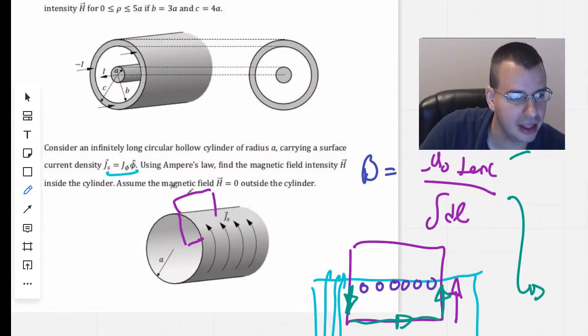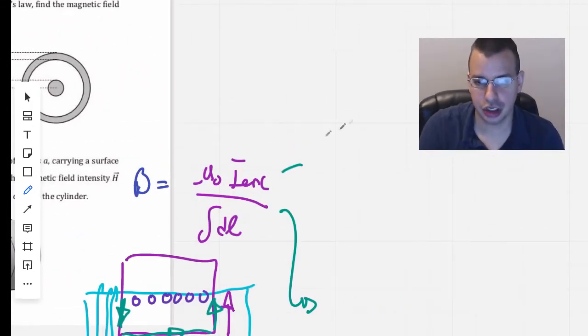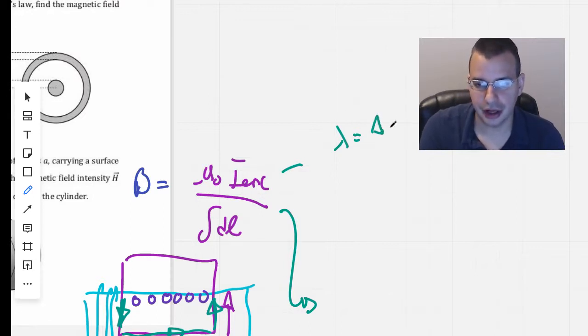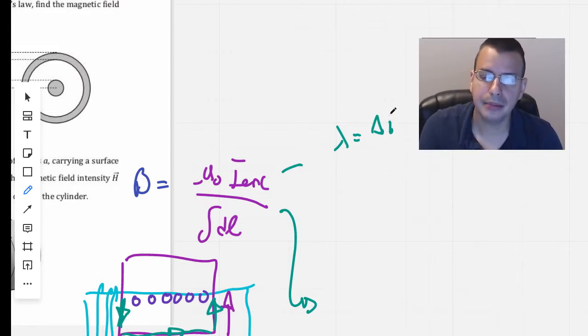We have a current charge density. And so I'm going to rewrite that as a linear charge density. So I'm going to say lambda, linear charge density, equals a certain amount of current. I'll say I. Maybe I should say A for amps. I'm not sure.